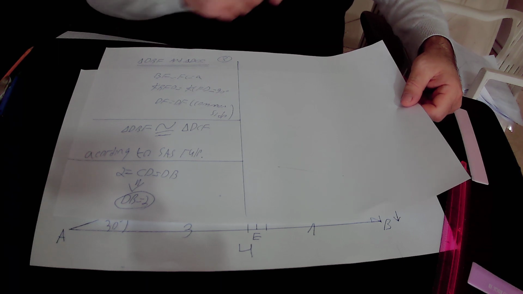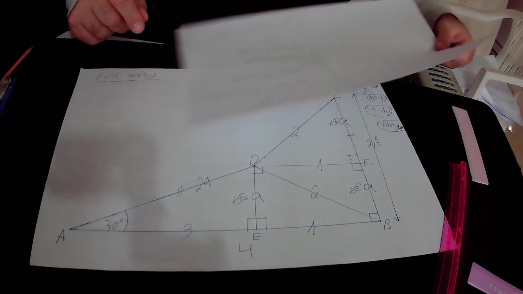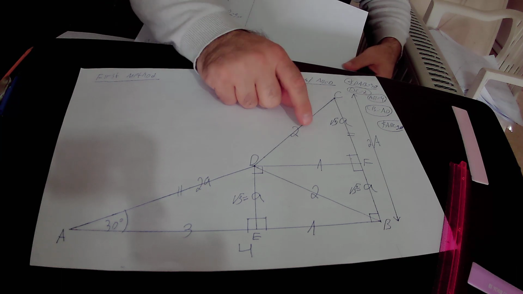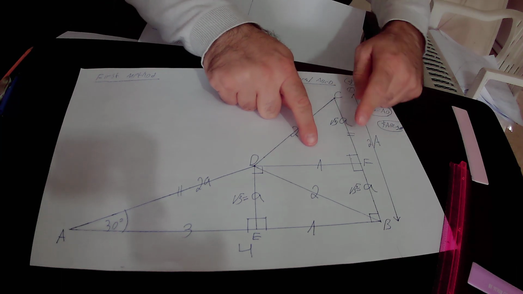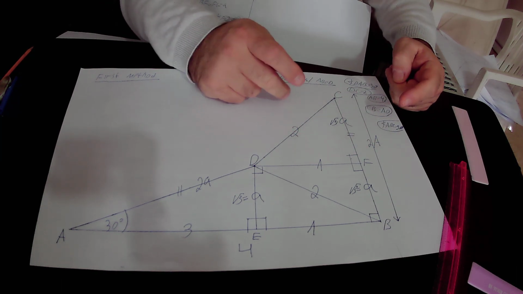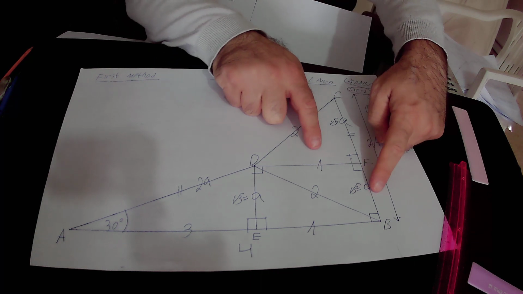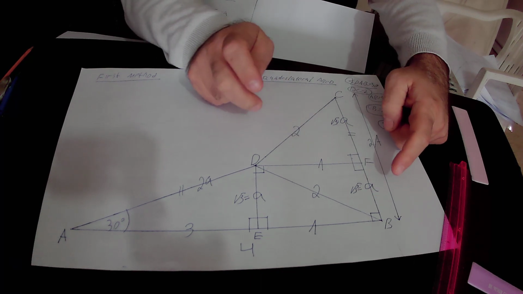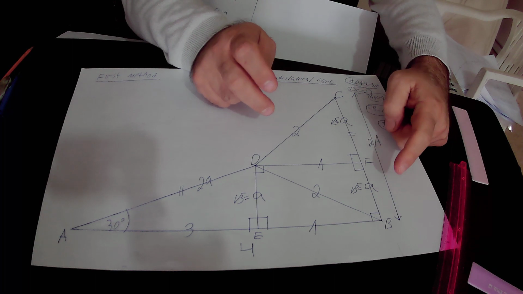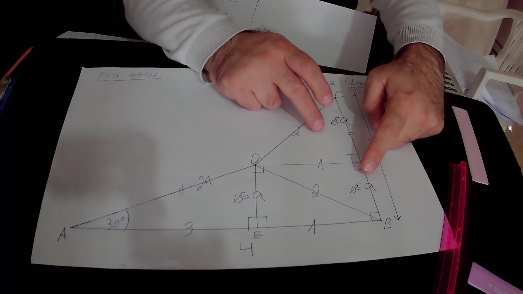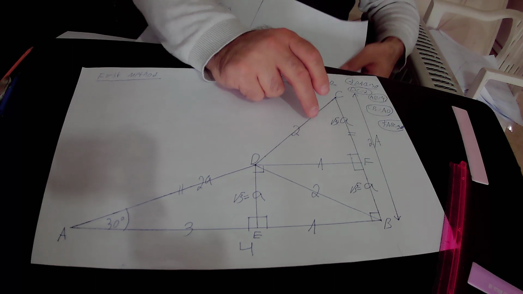We have those two sides and the angle between them in triangle CDF, which can go into those two sides and the angle between them in triangle DBF, and therefore those two triangles can go into each other according to the side-angle-side rule.